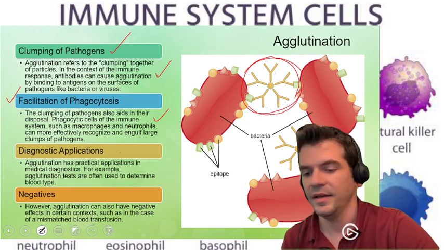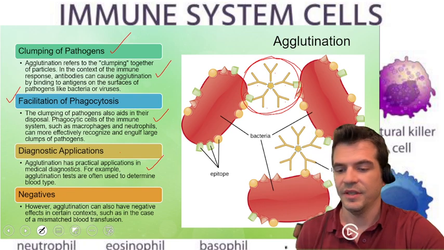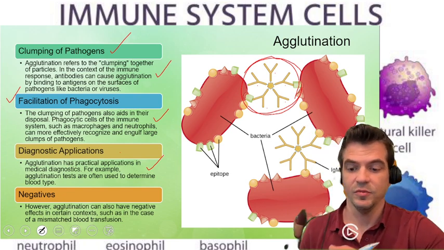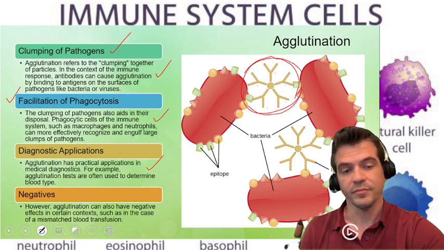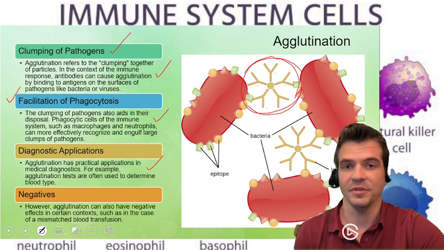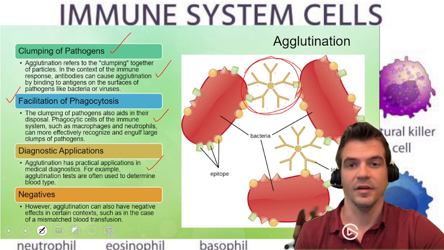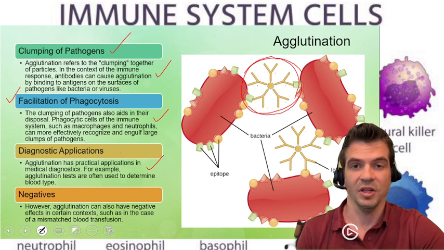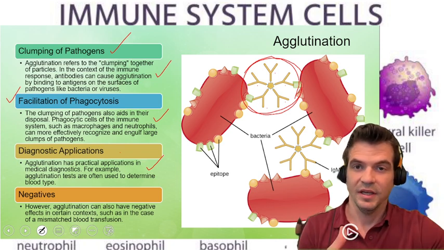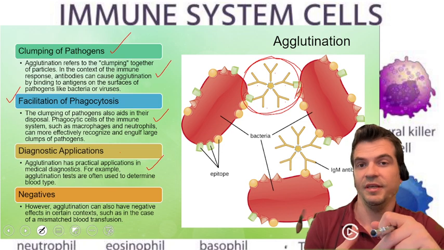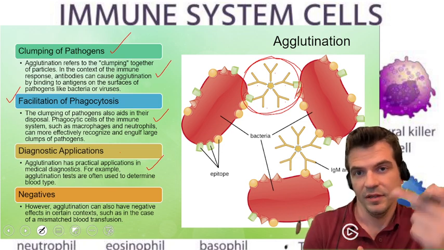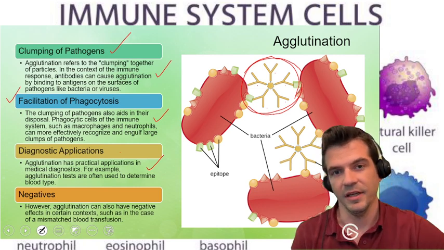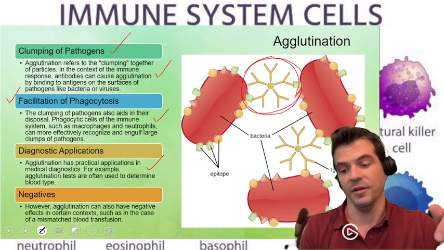Okay, and then we can also use this agglutination process, an antibody process, when we actually do blood typing. And so blood typing takes advantage of this antibody relationship and this clumping. If it clumps, then it absorbs light differently, allowing us to see the reflected light in a different way than it would if it was not clumped.